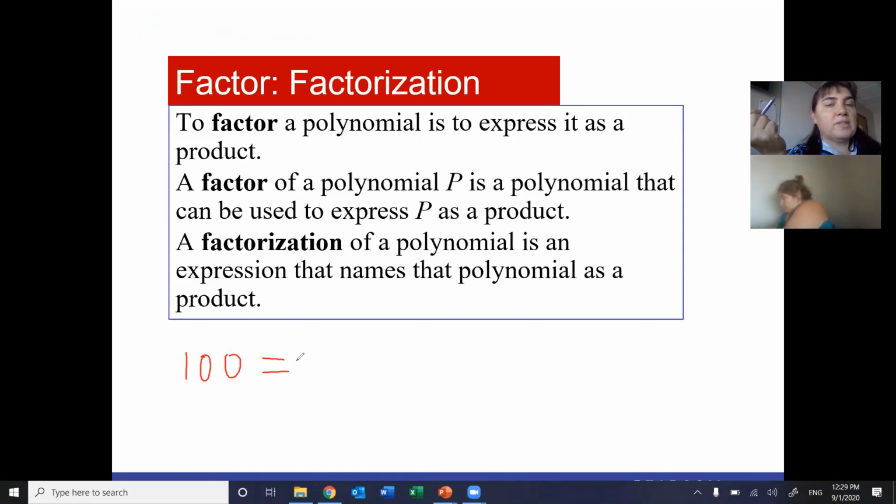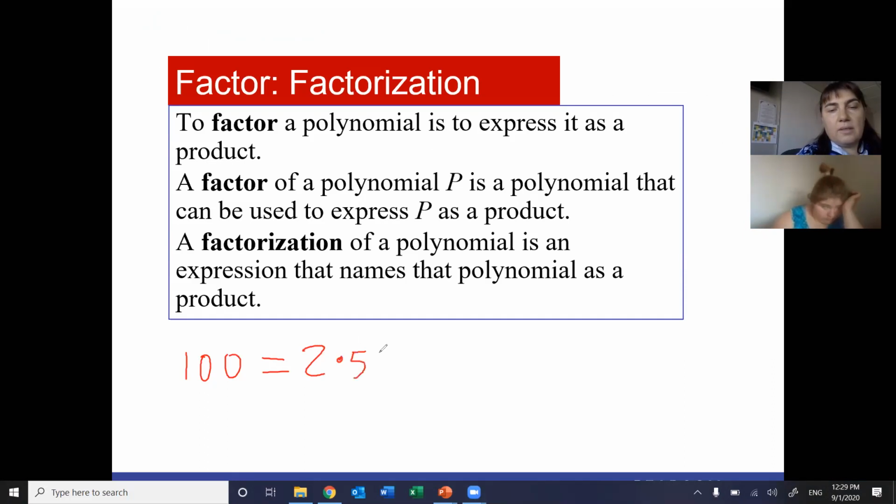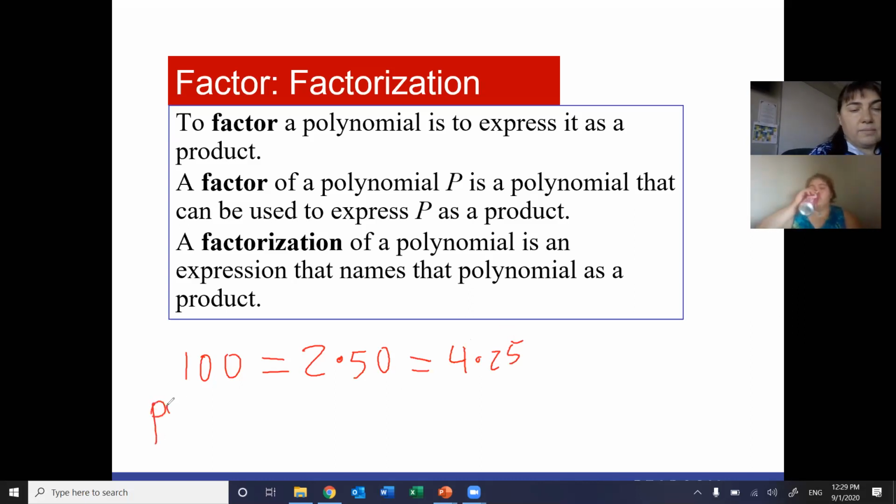What would be the factorization of 100? An example would be 2 times 50. Right now I just factored the 100, or another way to factorize 100 would be 4 times 25, and so on. There is something called prime factorization.